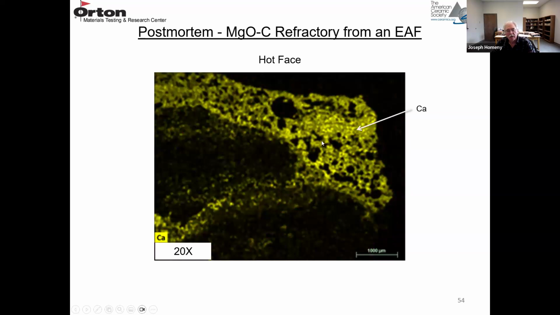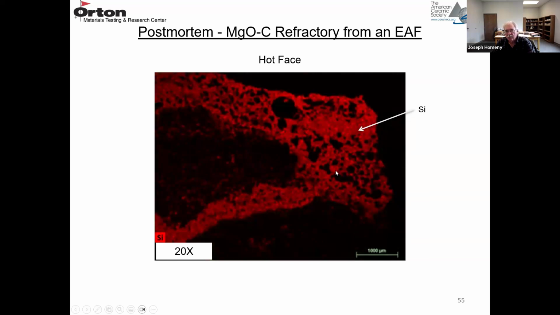The yellow is the lime from the slag. You can see it's penetrated behind this coarse aggregate into this region here, and that's where it's attacking the matrix, the carbon-based matrix. So the lime is in yellow, so it's a high lime slag.